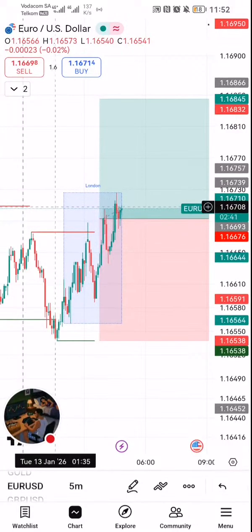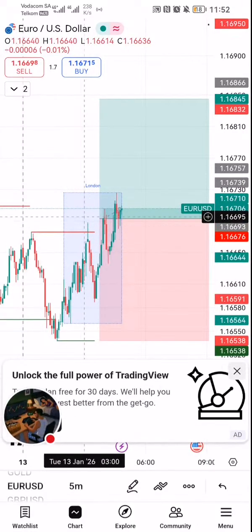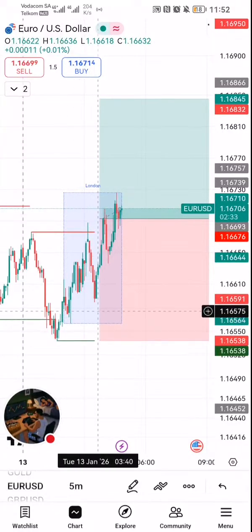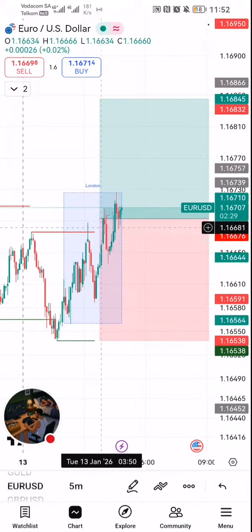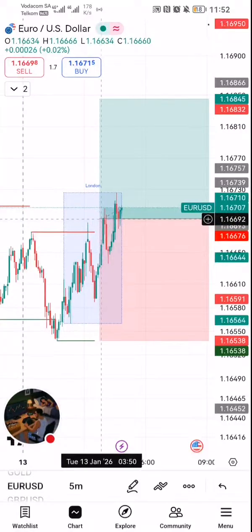According to my rules, if I have close resistances next to each other, or supports like this, I have to wait. We first broke out this lower resistance, right? So I didn't enter here, but my setup says I should enter here.